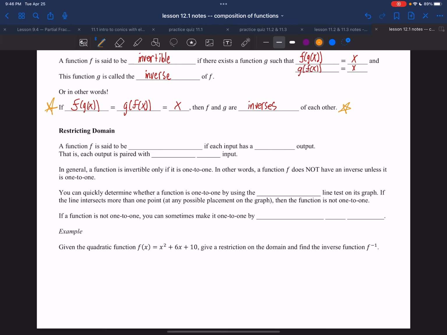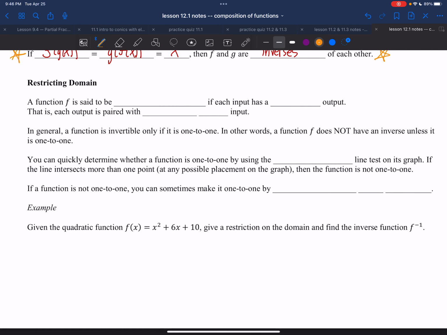Okay. Now we're almost done with this, and we need to talk about restricting domain. And as your teacher, this is the one thing this year I'm a little frustrated with myself that I didn't spend more time on, and that we're kind of rushing this at the end. I am very happy to get on to series and sequences. I'm thrilled to do that.